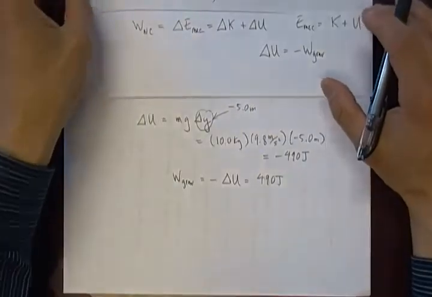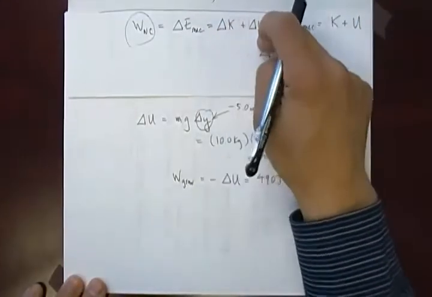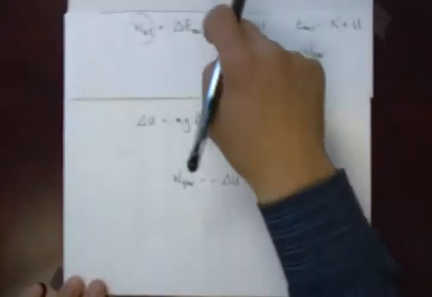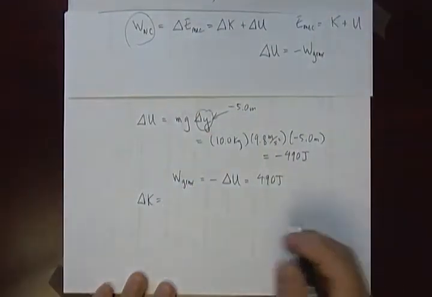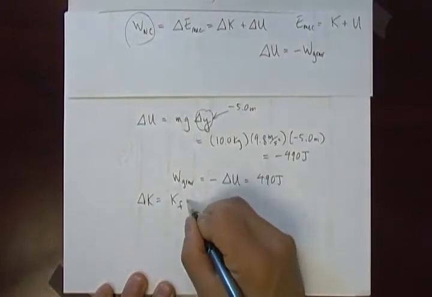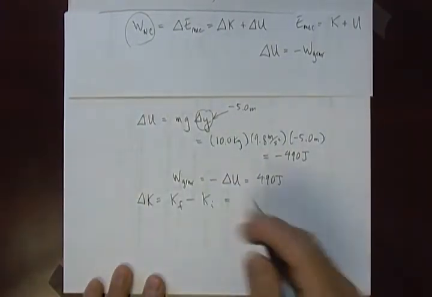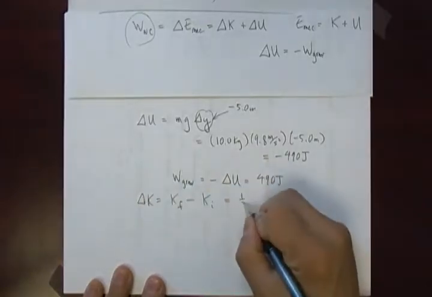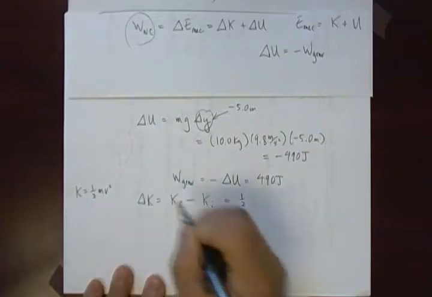Now, what about the work done by friction? Friction is a non-conservative force. We know delta U, we just calculated it. How about delta K? We get that by the final kinetic energy minus the initial kinetic energy. Remember K is equal to 1/2 mv squared.